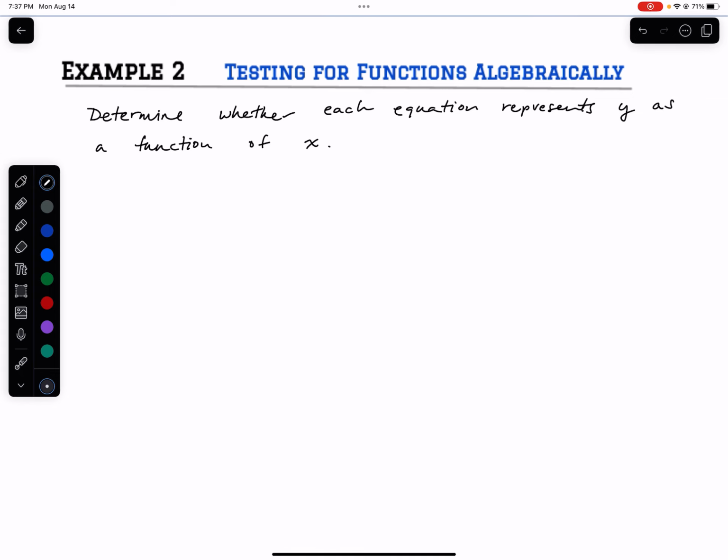So for part A, we have x squared plus y is equal to 1. So we want to represent y as a function of x. That means just to solve for y.